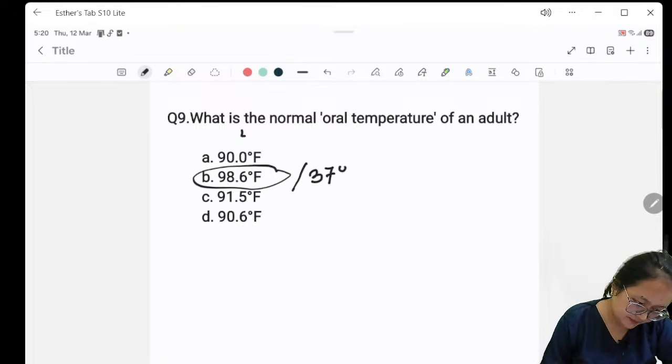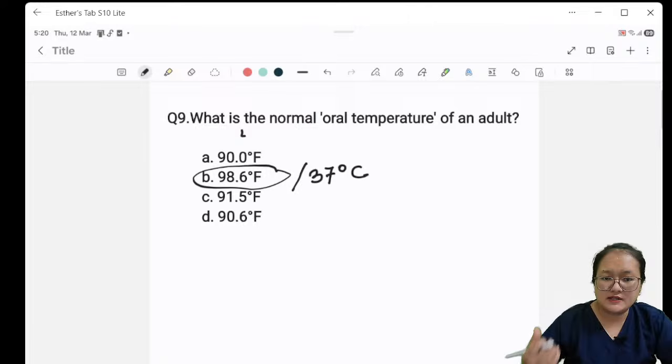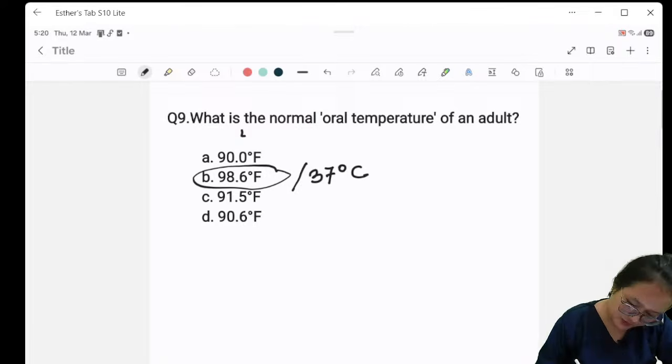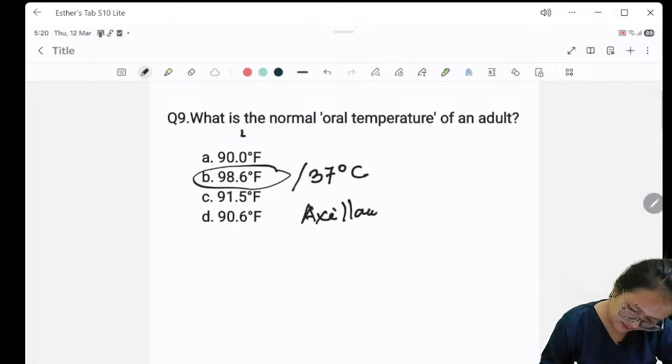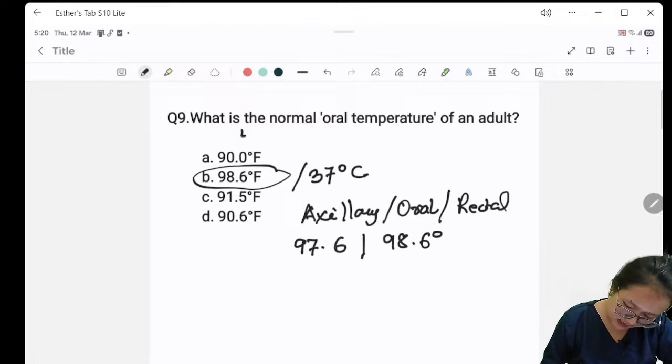Okay, and one thing we have to remember is that when taking temperature, the lowest is from the axilla, then we have the oral temperature and we have the rectal temperature. Okay, the axilla normal temperature is 97.6, then we have 98.6 Fahrenheit, then we have 99.6 Fahrenheit.